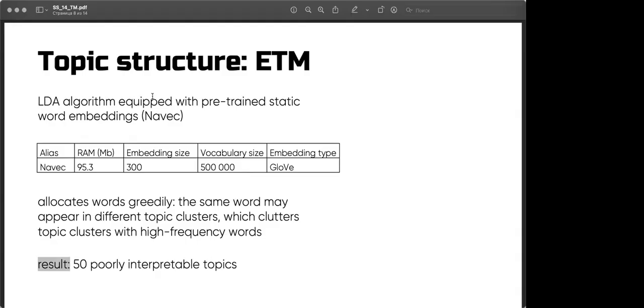I'll just also say a few words about what was done here. The idea just was that we can enhance the performance of LDA by supplementing it with pre-trained embeddings. So not just expecting the algorithm to infer all of the important patterns on its own, but rather work with some already existing baseline that can be drawn upon.